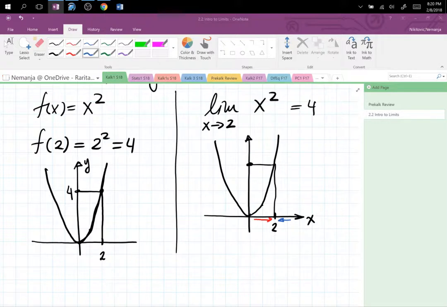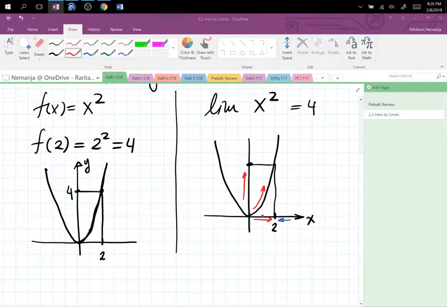So now, observe what's happening with y values as I am approaching 2 from the left. Pick this point here. Go up, it's that point. This point, there. This point, there. Do you see that as I go to the right, I am actually climbing up, which is climbing up over here.